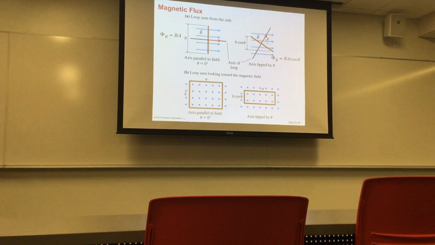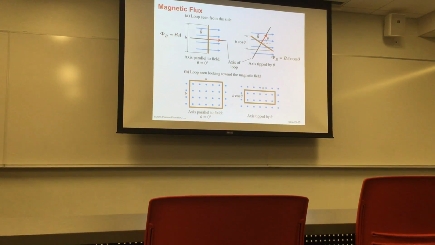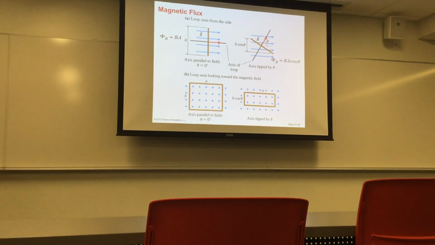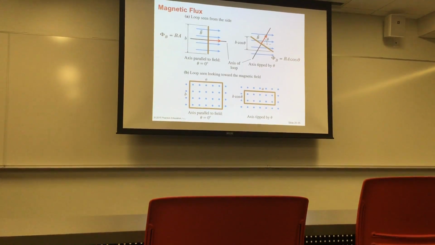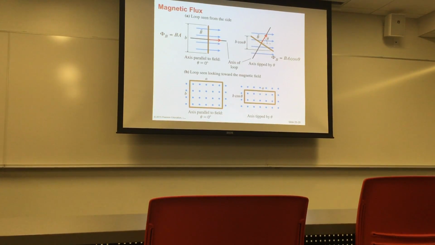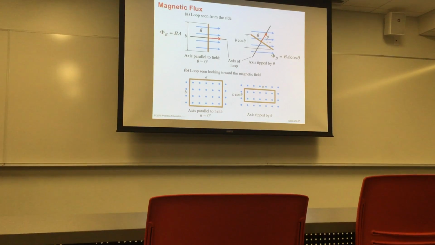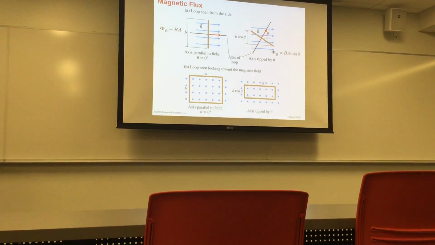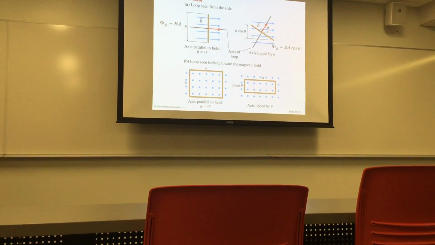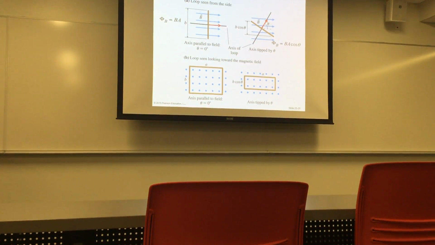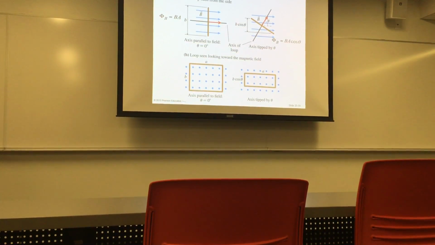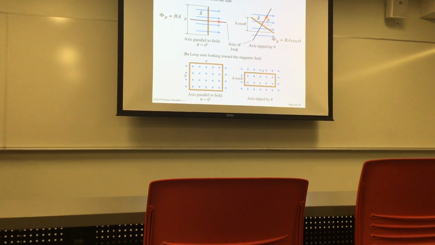The loop seen from the side, you can see that the magnetic field is parallel to N, so the angle is 0 and the flux is maximum. As I start turning that loop, N starts to make an angle theta with B, and so the flux starts to decrease. Of course, when theta becomes 90 degrees, the flux is 0. This is another visual cue.